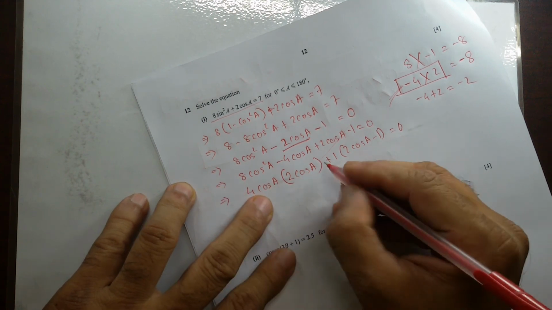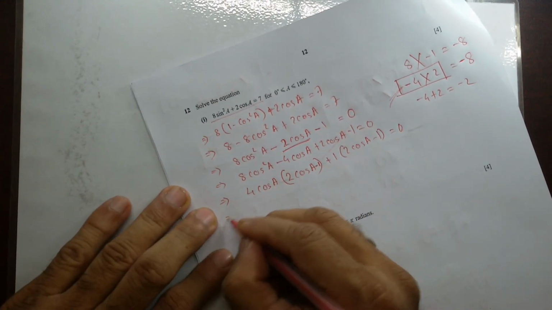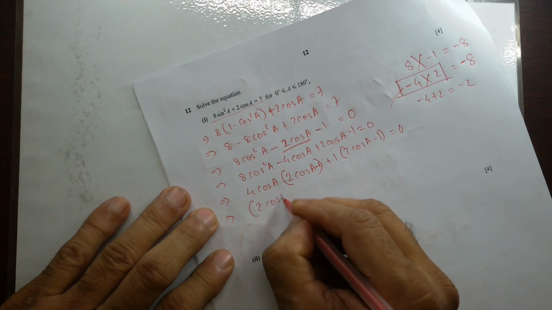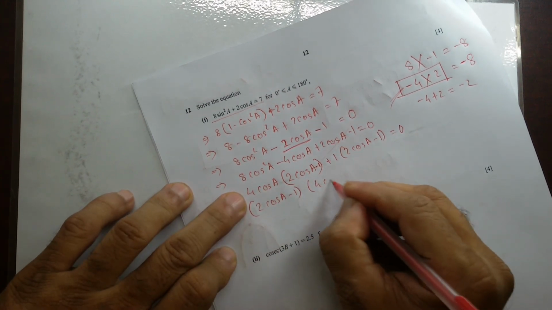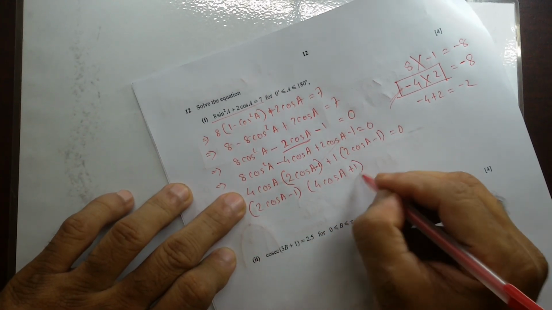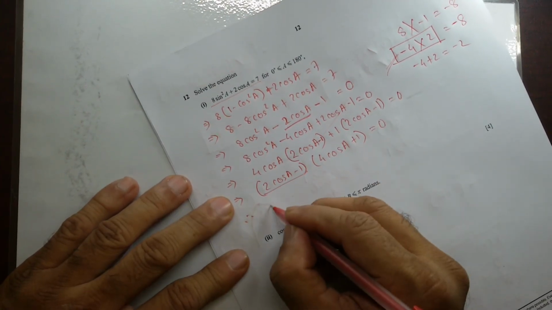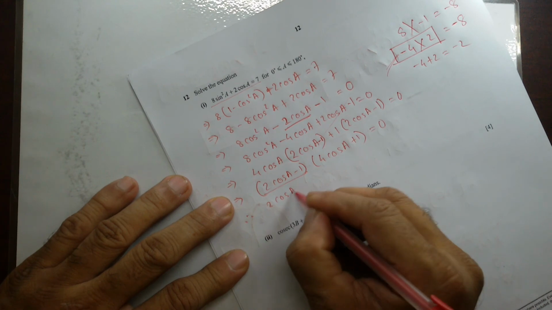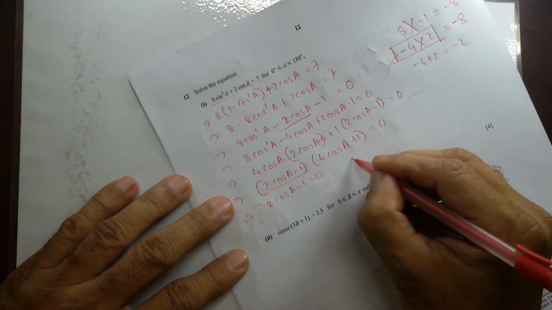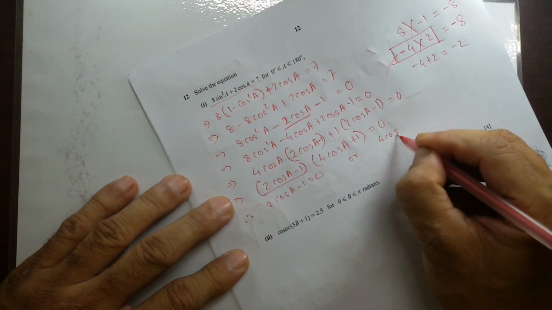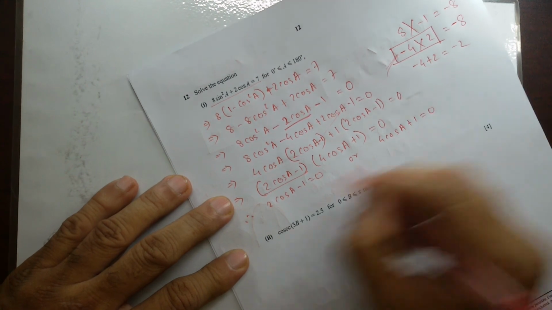4 2 cos A, and that's going to be minus 1 over here. Taking 2 cos A minus 1, 4 cos A plus 1 equal to 0. Therefore, 2 cos A minus 1 equal to 0 or 4 cos A plus 1 equal to 0.